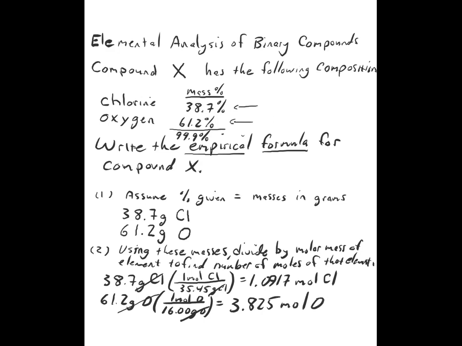That's kind of interesting. All right, next step. We've done two steps so far. The first one is to assume that the percentages are equal to grams. The second step is to find the number of moles of each element by dividing by the molar mass.